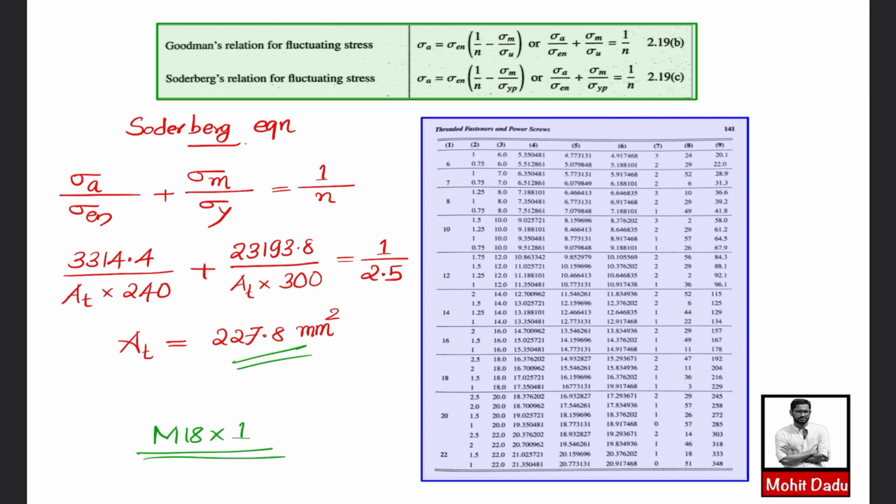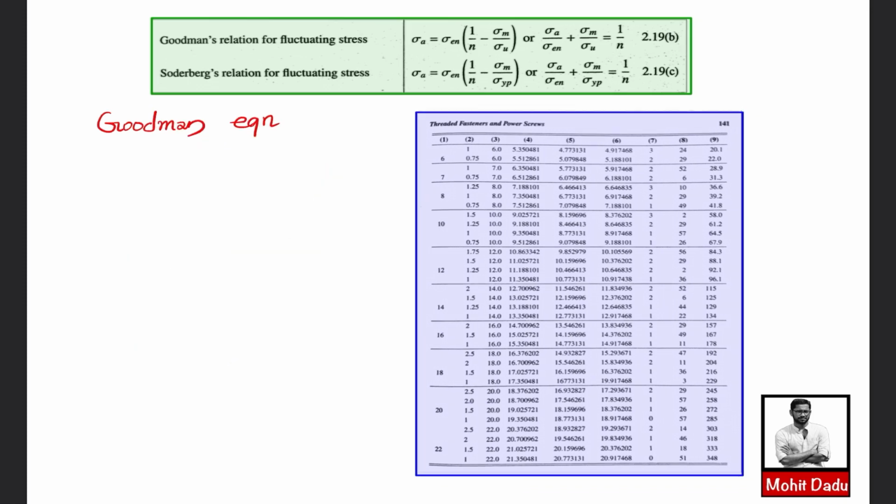Next we will be solving using the Goodman equation and also selecting a suitable bolt. In the Goodman equation, instead of sigma yield you use sigma ultimate. So the expression is sigma alternating or variable component by endurance plus sigma mean component by sigma ultimate equal to 1 by factor of safety, or 1 by n.